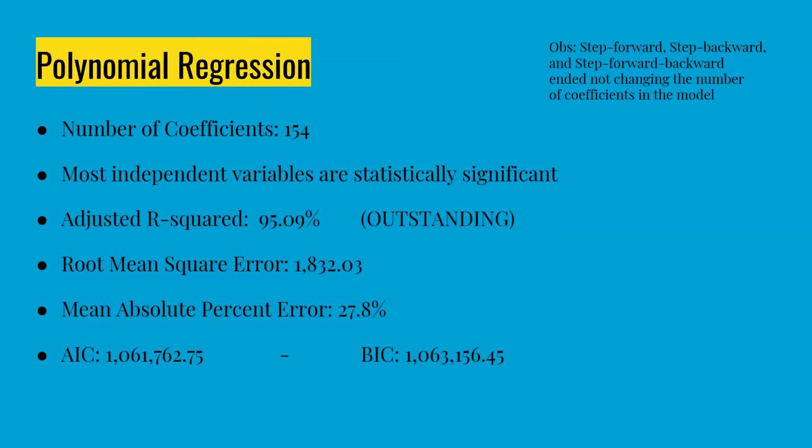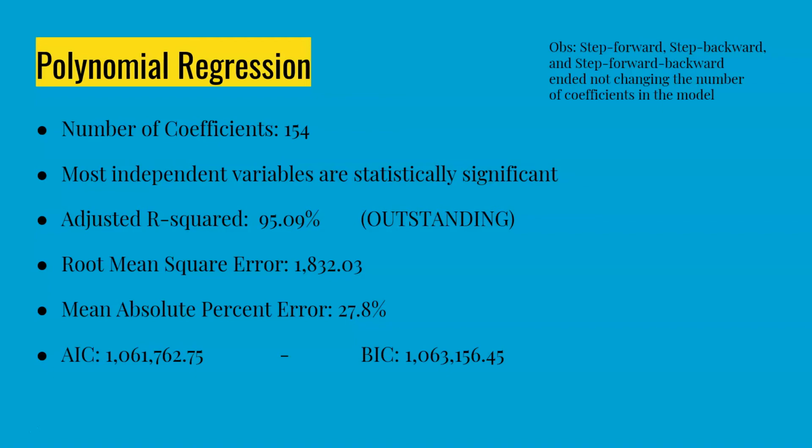Then we created a polynomial regression. The polynomial regression had 154 coefficients. Most of the variables were also statistically significant, but our adjusted R-squared was almost 95.1%, which is outstanding for such a simple regression model.